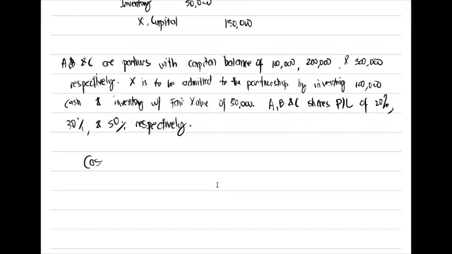Case 2, X is credited for 25% of the total capital.